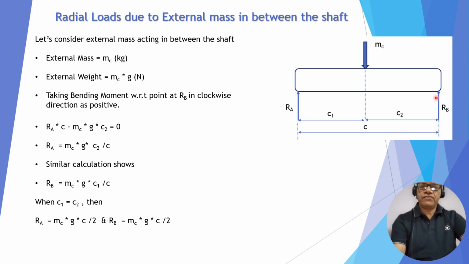Taking again the bending moment with respect to bearing B, clockwise positive: Ra into C, and mc into g into C2 is in the anti-clockwise direction, so minus, is equal to 0. So Ra is equal to mc into g into C2 by C. Similar calculation shows Rb is equal to mc into g into C1 divided by C. In the special case C1 equal to C2, Ra is equal to mc into g by 2 and Rb is equal to mc into g by 2.